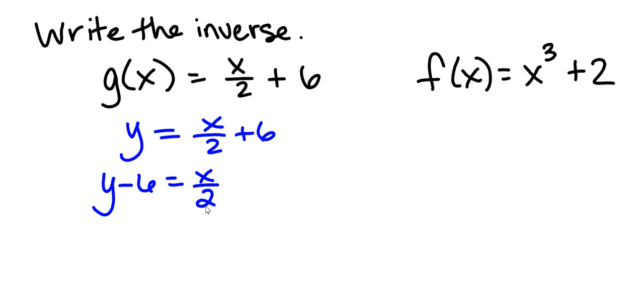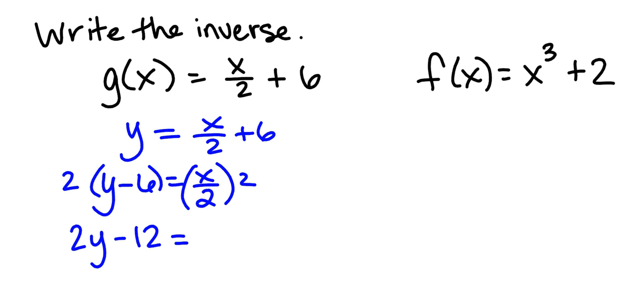At this point, now I'm going to multiply everything by 2. Then, once I get x by itself, that's where I switch my variables. So I just moved this to the other side.